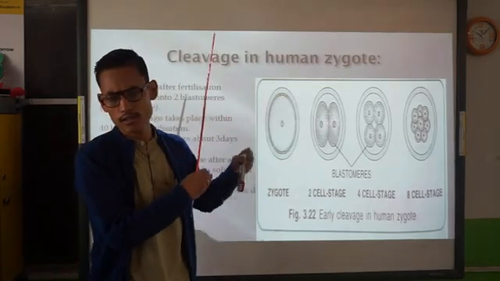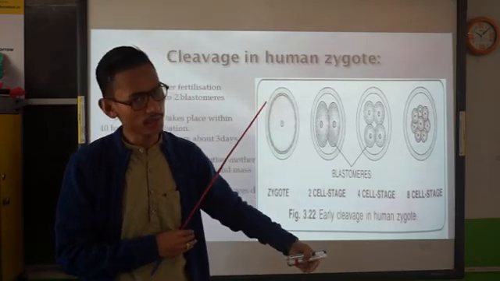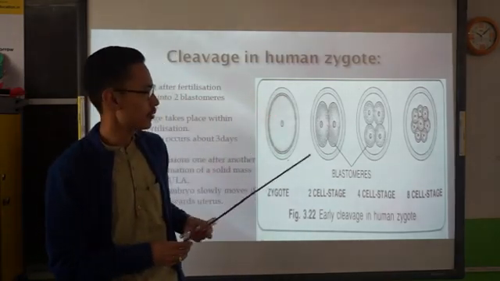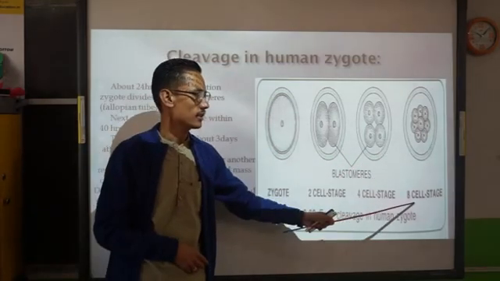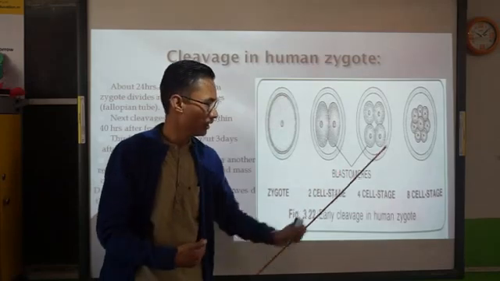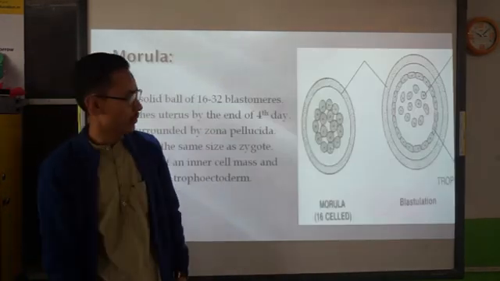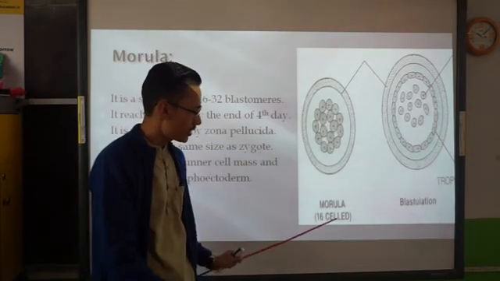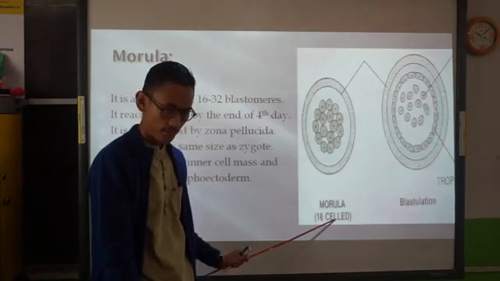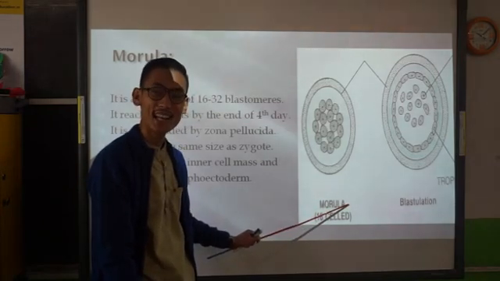Again, the 2 cell stage will divide to form the 4 cell stage. Clear? And again, that 4 cell stage will divide into the 8 cell stage. So this division keeps on occurring till the 8 cell stage blastomeres divide to form a 16 cell stage called morula. M-O-R-U-L-A, morula.